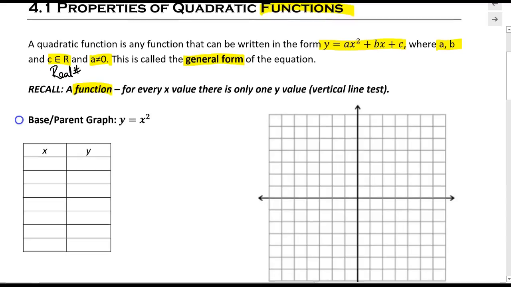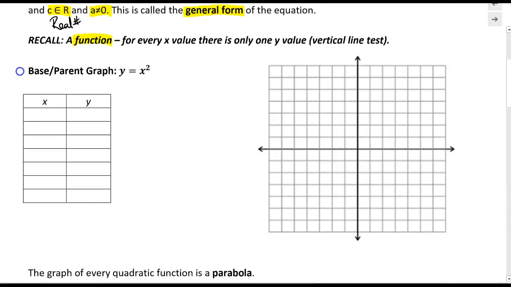So start by just drawing the base or parent graph. Our base equation with no extra jazz to it is just y equals x squared. So we need to plug in some x values and figure out some y values, on both sides of our y-axis. I'm going to start at -3 and work my way over: -2, -1, 0, 1, 2, 3.